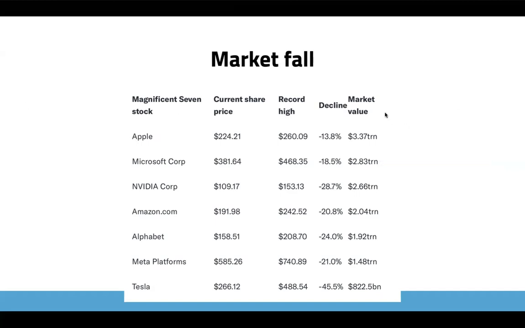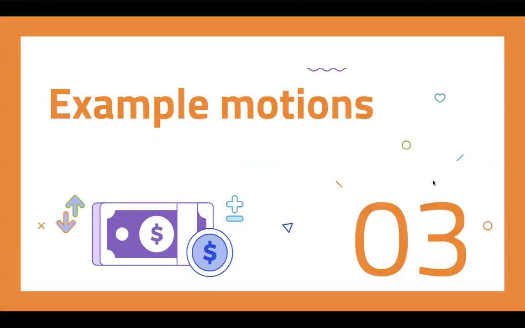You can see that all of the big seven companies are in a major decline. In the stock market, even 5% is already a big decline. So looking at these numbers from 13 to, well, Tesla is a different story, but from 13 to 28, that is a massive decline.